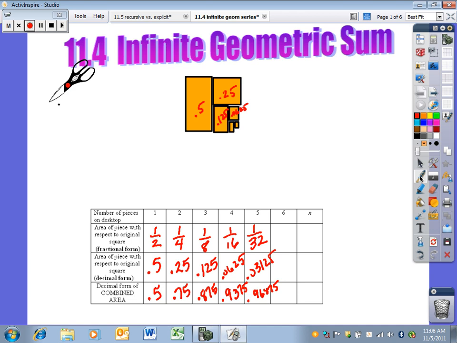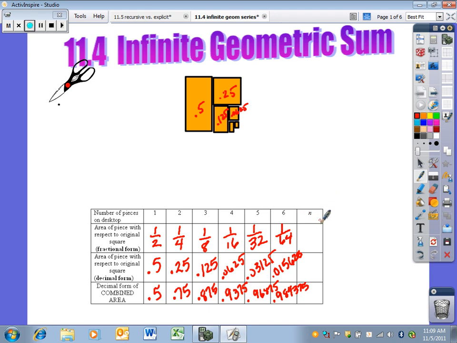So half of a 32nd is 1/64th, which as a decimal is 0.015625, and I've taken that and added it to the rest, which was 0.96875. And I have 0.984375. And if I continued this process forever and ever, I would be adding n pieces.